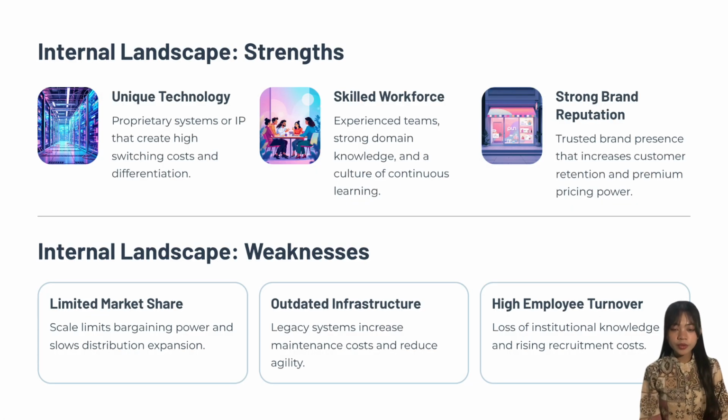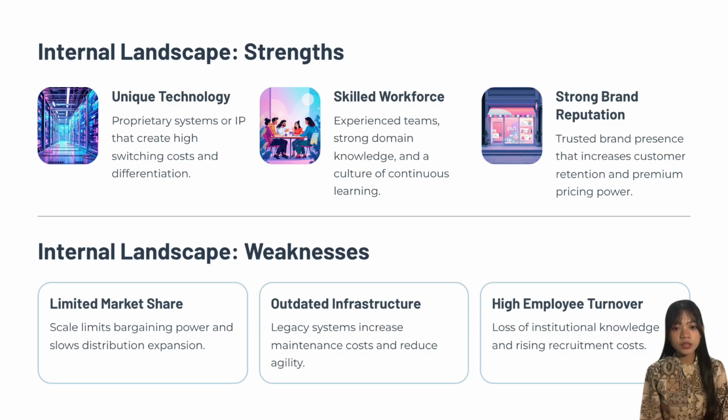Now, let's focus on strengths, which are internal advantages that give a company a competitive edge. One example is unique technology. If a company has its own system or innovation, it becomes difficult for competitors to copy it. This creates strong differentiation in the market. Another strength is having a skilled workforce. Employees who are experienced and knowledgeable can improve productivity and innovation.